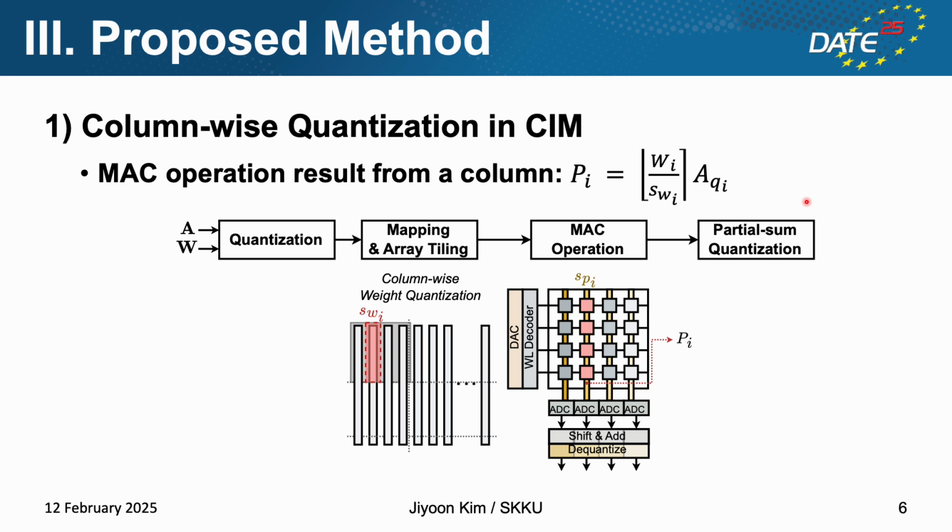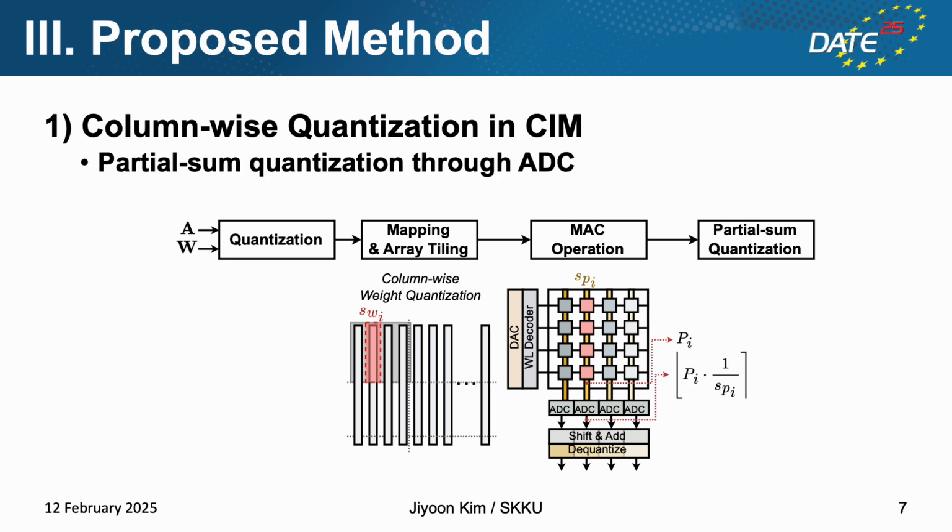After the MAC operation, the resulting partial sums are formulated as this equation here. So the column-wise quantization ensures that each column is assigned a specific scale factor, which leads to reduced quantization errors. After obtaining the partial sums, they are quantized through ADCs following this equation.